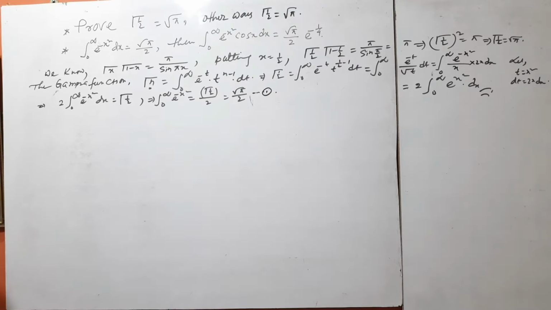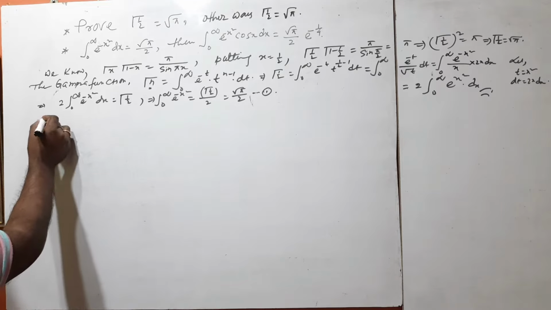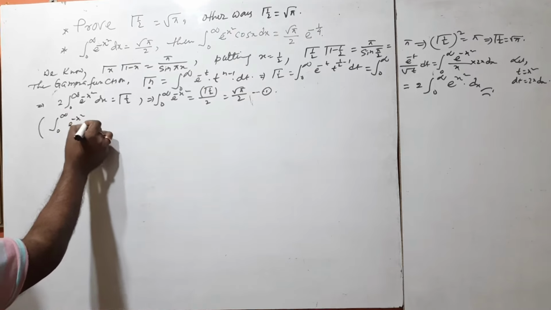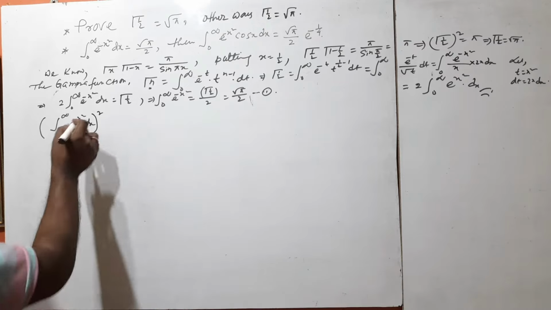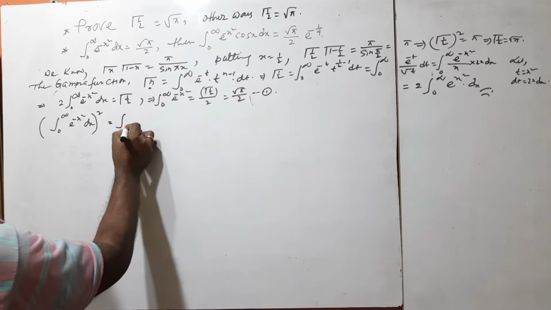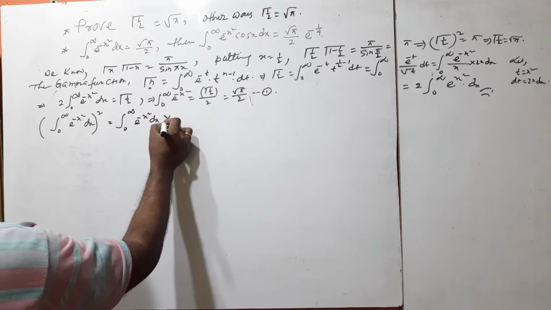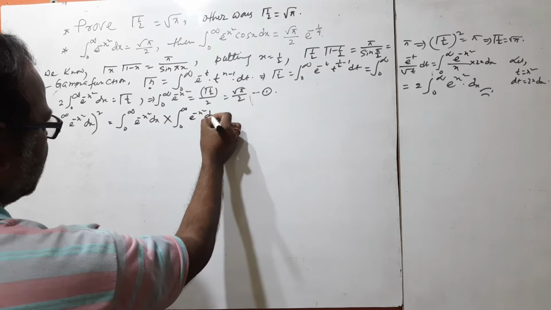Now to find the integral, we need a simple trick. Use the integral from 0 to infinity of e to the power minus x square dx as a whole square. As this is squared, this is the integral from 0 to infinity of e to the power minus x square dx times the integral from 0 to infinity of e to the power minus x square dx.